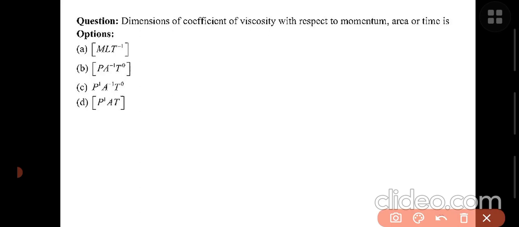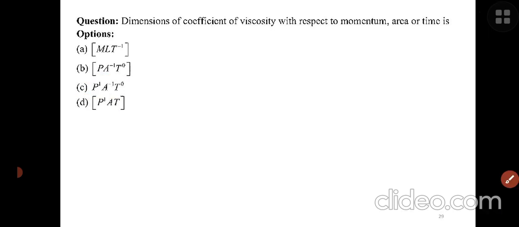Because you can see two options here which are similar, here with the square bracket and here without bracket. All the other options are different. Now how to find the answer for this problem?